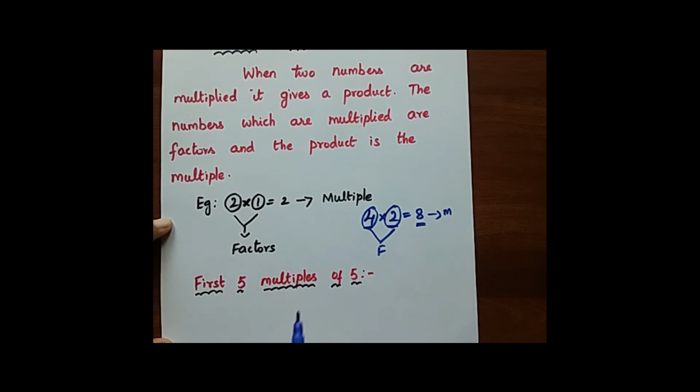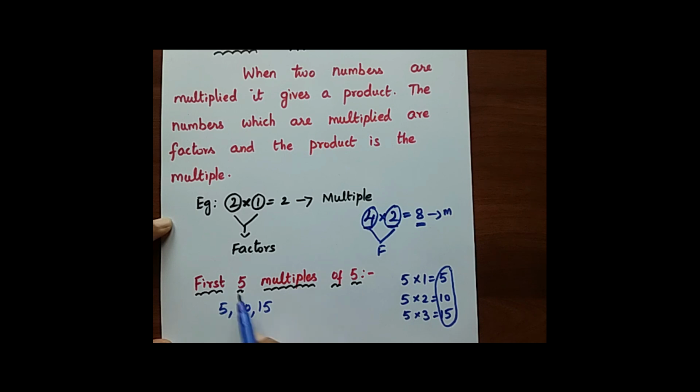What are the first 5 multiples of 5? For the 5 table we get 5 times 1 equals 5 and 5 times 2 is 10. So we write the 5 table like this. All the products we get are multiples of 5.